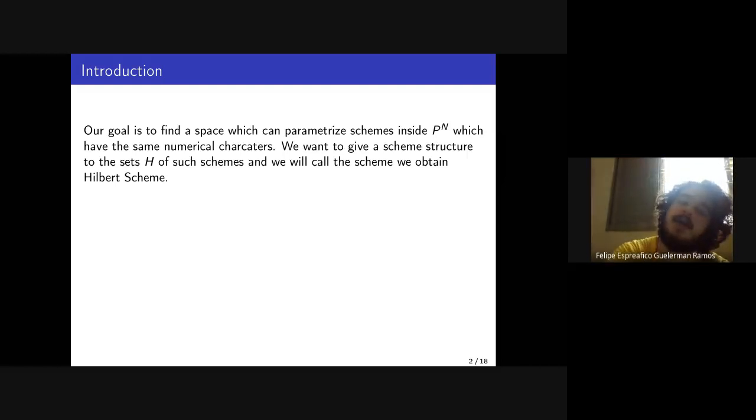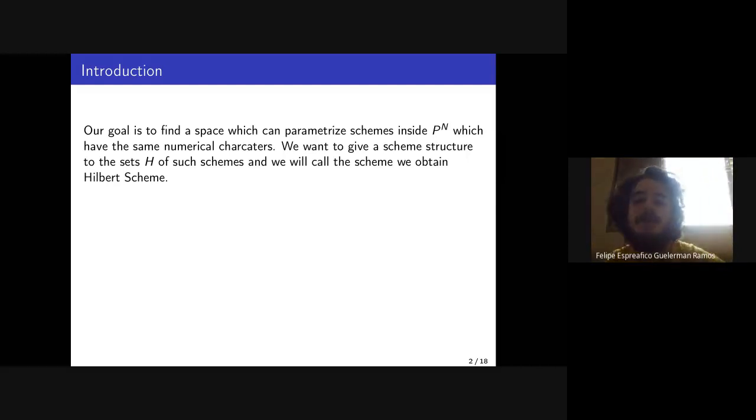So our goal is to find spaces that can parameterize schemes inside Pn which have the same numerical characters. So we are going to parameterize schemes inside a projective space, but not all the schemes.